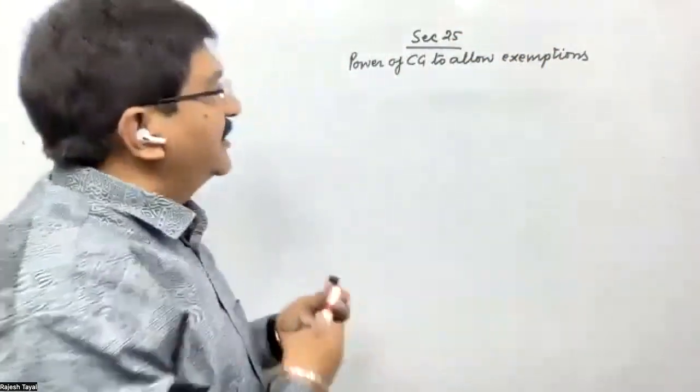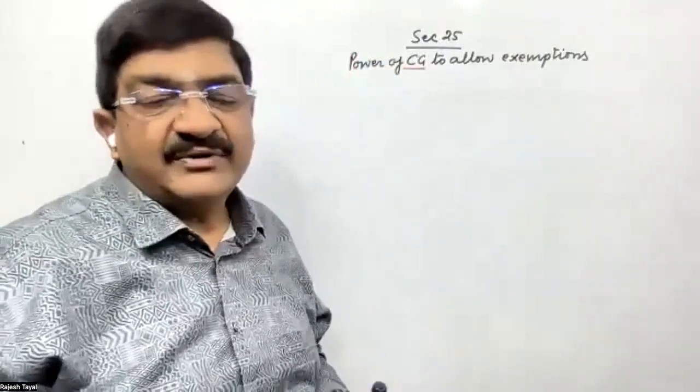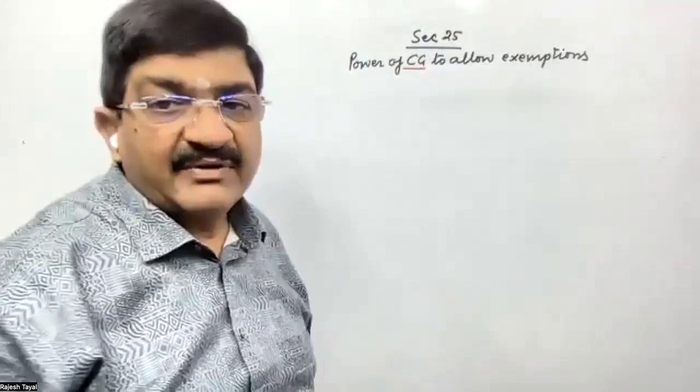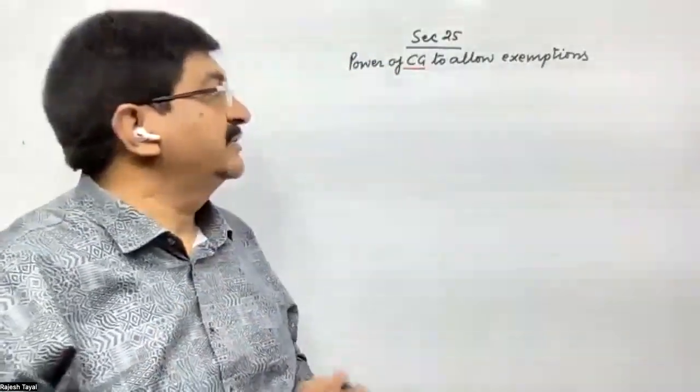So this I have already added in the title. Who's there to exercise the power? The power under section 25 is exercisable by the central government.